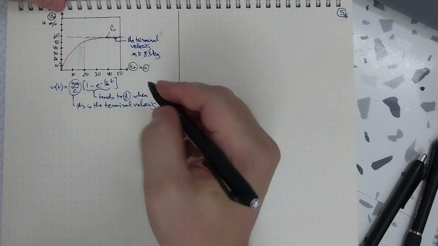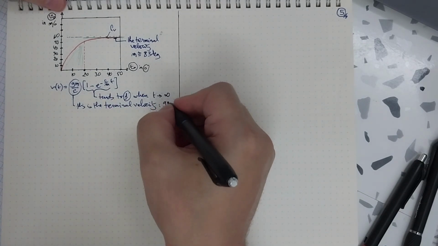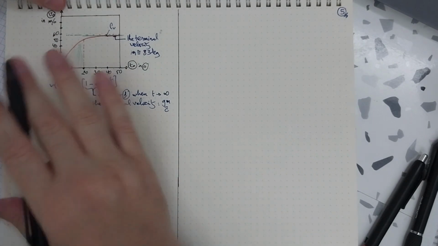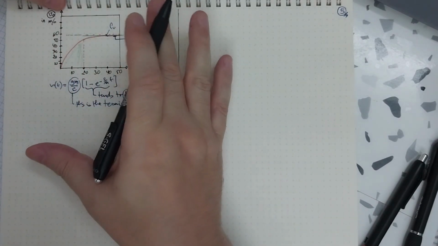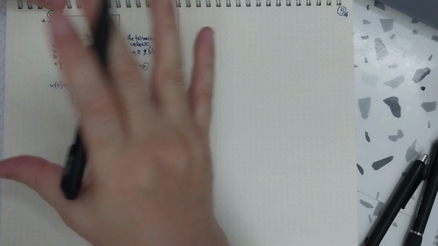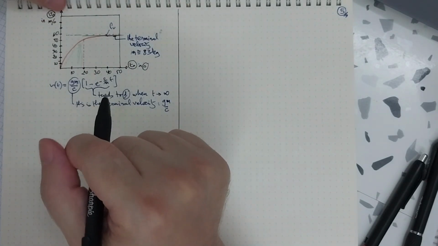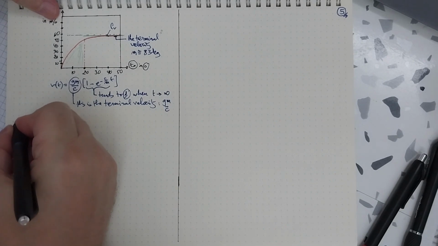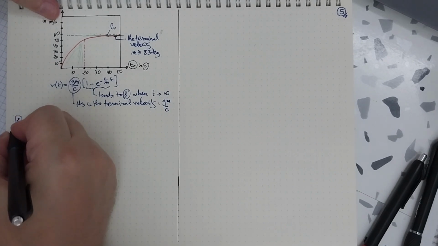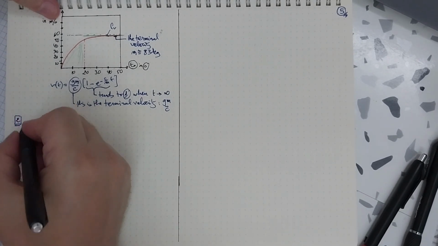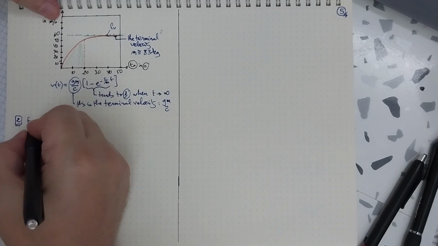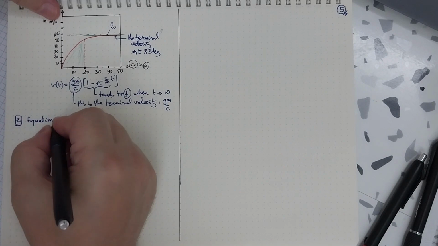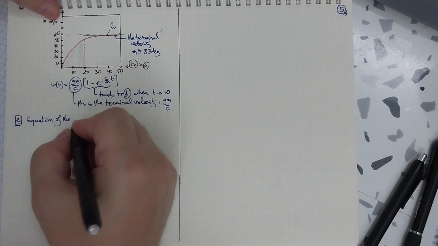This is the terminal velocity. So it's not requested, but it's good to understand the physical model. And then the second part, let's find the equation of the mass.